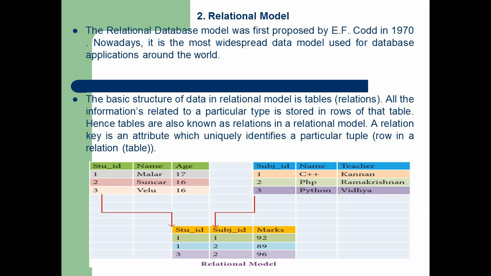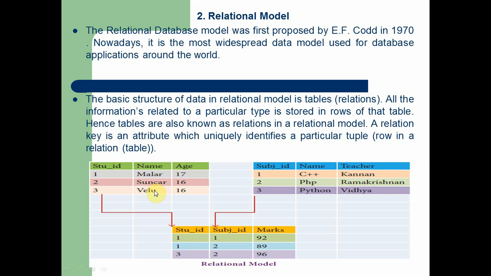Here you can see there are two tables. One contains student ID, name, age. Another contains subject ID, name, teacher. Each and every tuple is identified by a particular key called the relation key. Here, key refers to an attribute or column. Key is also a term used to refer to a column in a table in the relational model, or we can use attribute also.